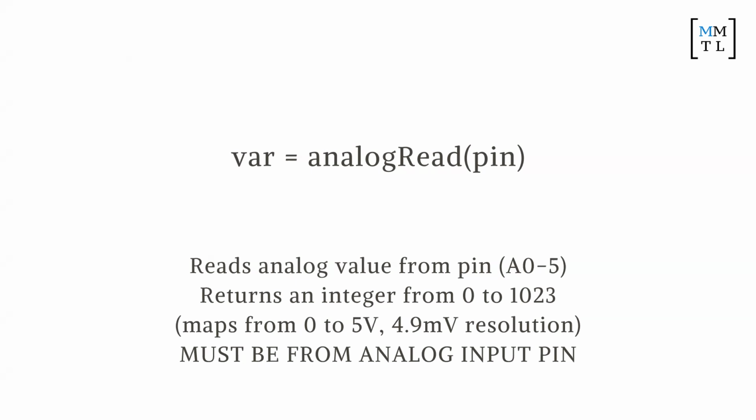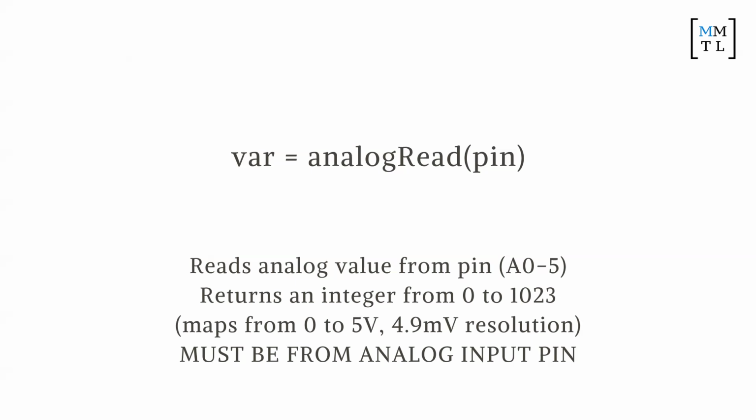Does anyone know why this value in particular is present? No? Any ideas? Okay, the reason why, and we'll discuss through the slides, is that this is what's called a 10-bit resolution analog to digital converter, meaning that it only operates with a resolution of 10 bits. 2 to the power of 10 is 1024, and C++ is a zero index language, so it starts from 0 to 1023.